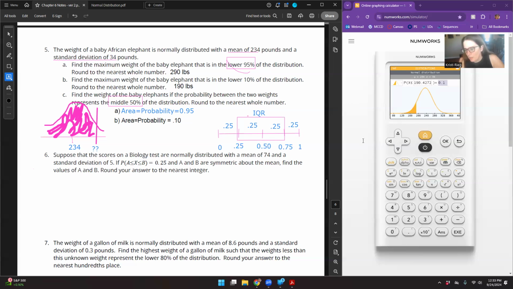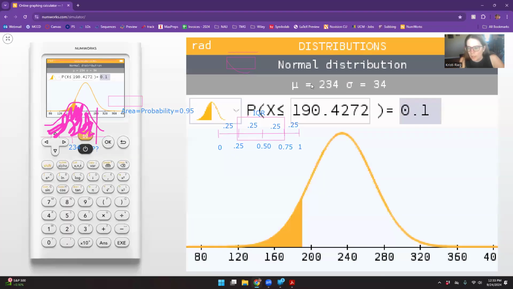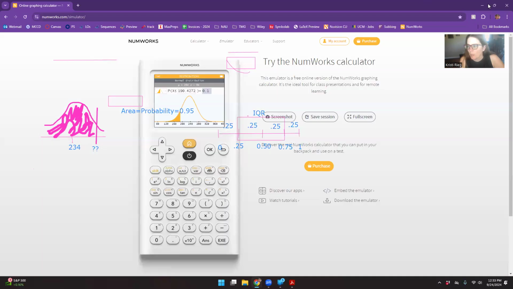So I'm going to go back to my calculator. I have my mean is 234 and my standard deviation is 34. Remember, if you forget, you can just look right here at the top, 234, 34, perfect. Okay, go back.